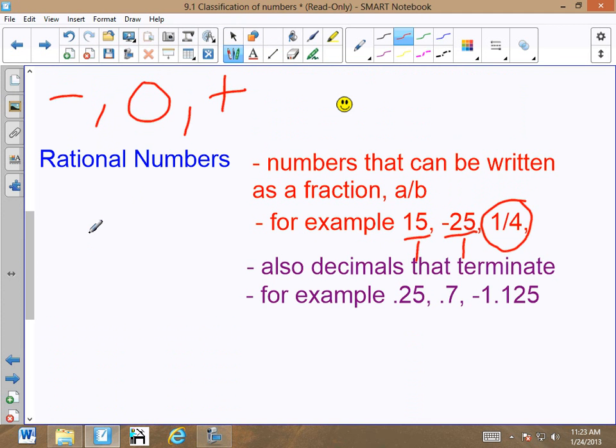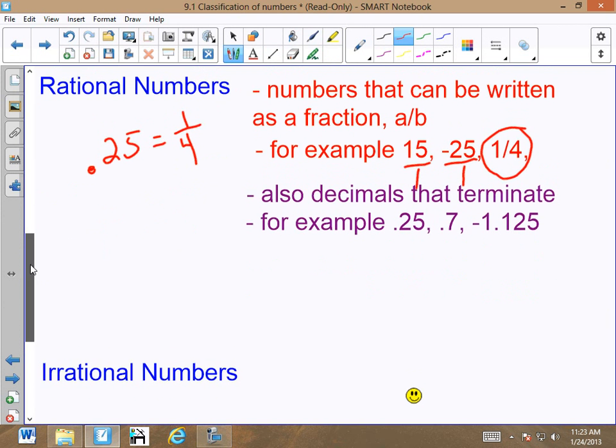What is the decimal equivalent of 1/4? Hello? What's the decimal equivalent of 1/4? 0.25, yes. See, 0.25 and 1/4 are the same thing. 0.25 is a decimal that ends. That's why it's rational.